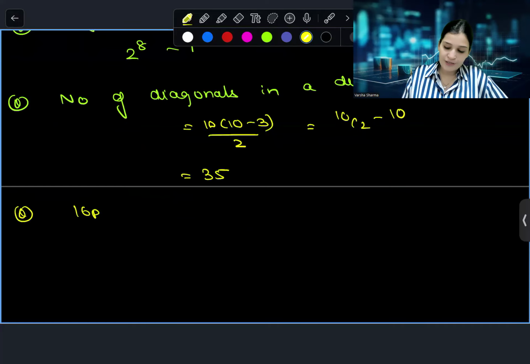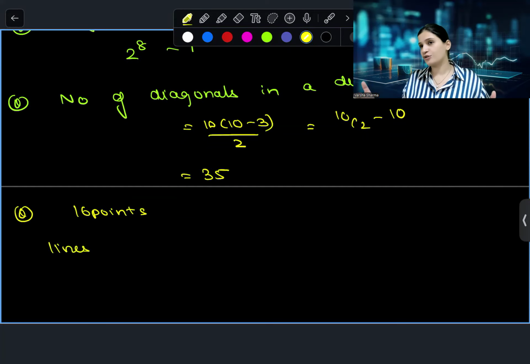There are 16 points. How many lines can be formed? If I haven't said anything, that means no collinear issue. How many lines can be formed out of 16 points? It is 16C2.